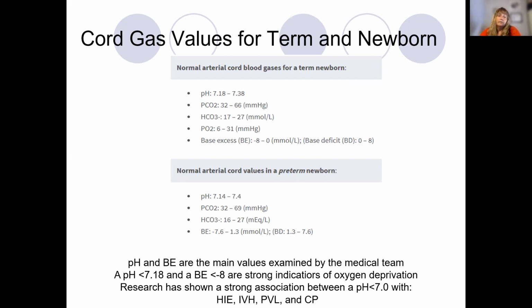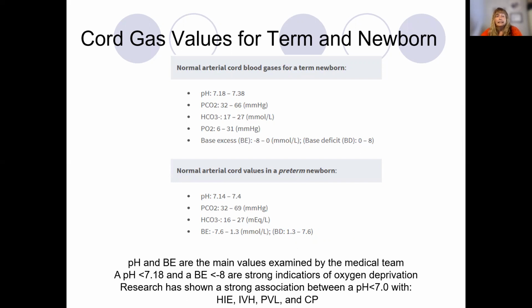Normal arterial cord values in preterm newborns is a little bit lower or wider range. pH is 7.14 to 7.4, PCO2 of 32 to 69, bicarb of 16 to 27, and base excess of -7.6 to 1.3. The pH and the base excess are the main values examined by the medical team.